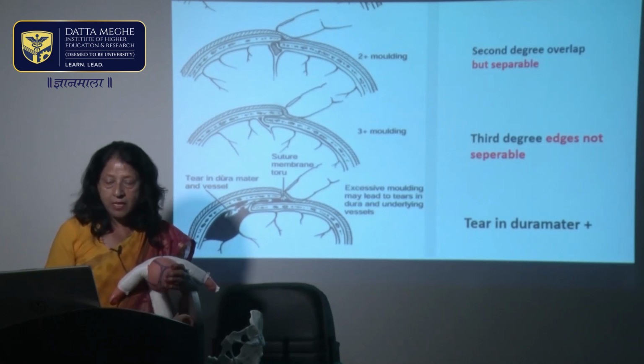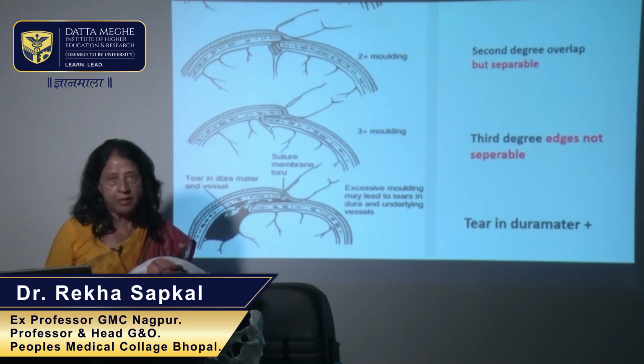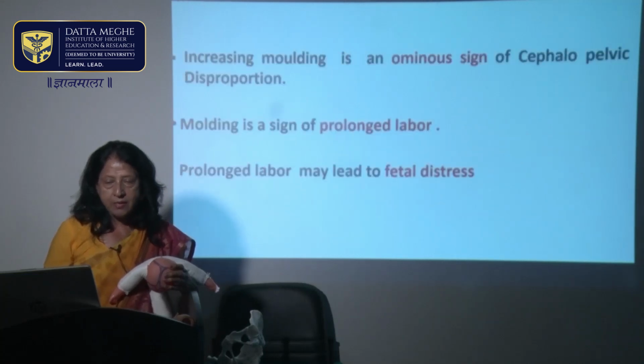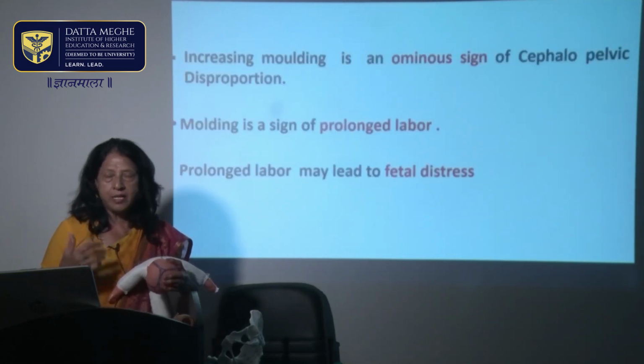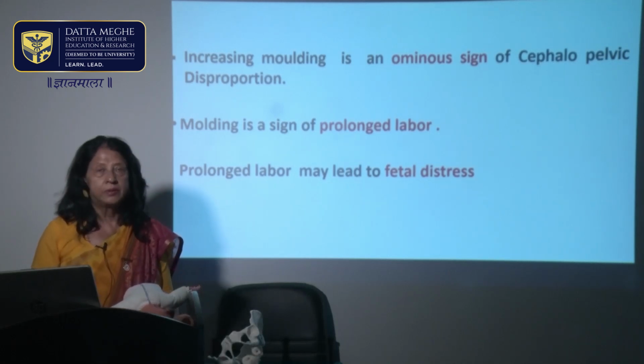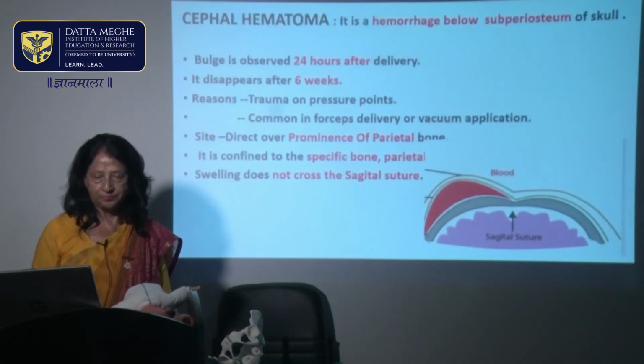If still no intervention is done, then even a tear in the dura mater can occur and intracranial hemorrhage can occur. In these cases, naturally increasing molding is an ominous sign. It is an indication of prolonged labor. It is an indication of fetal distress also.